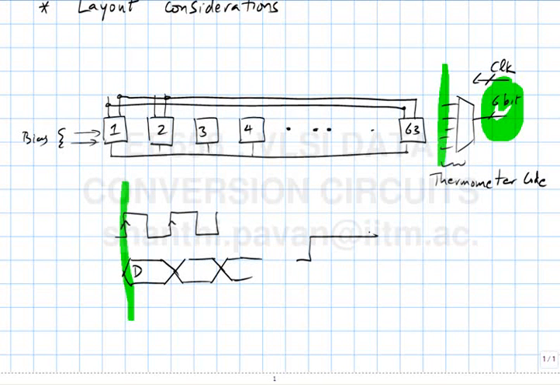Ideally, in practice, there will be finite rise time, and depending on the data sequence and the way the combinational logic is designed inside, it is not unlikely that you end up with a sequence which does this. This depends on different paths how data propagates inside the combinational logic.